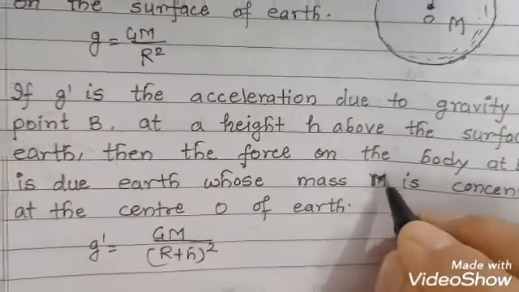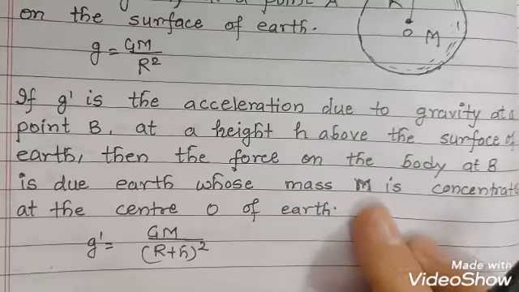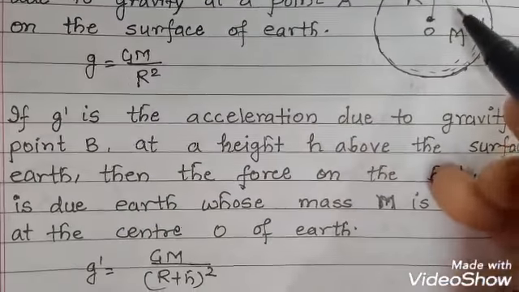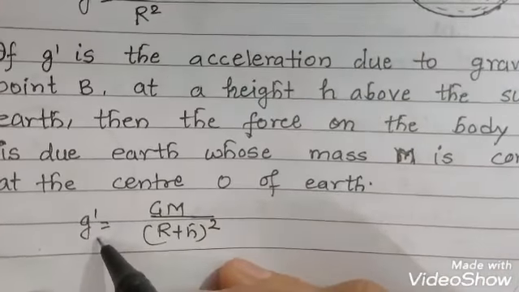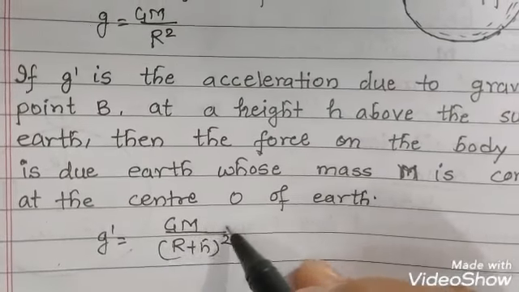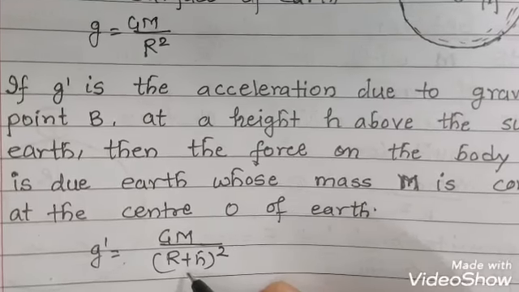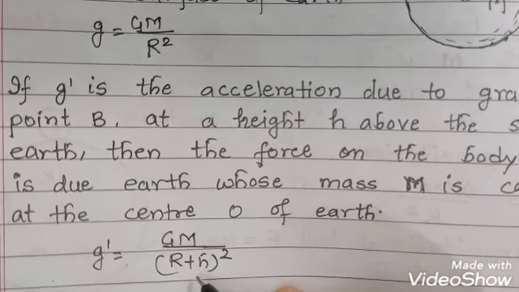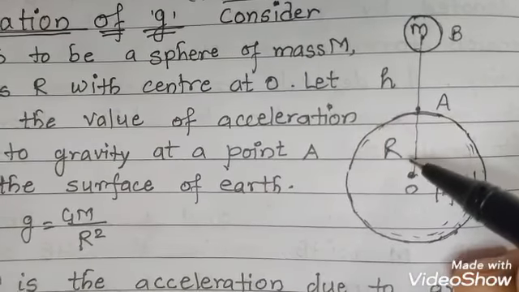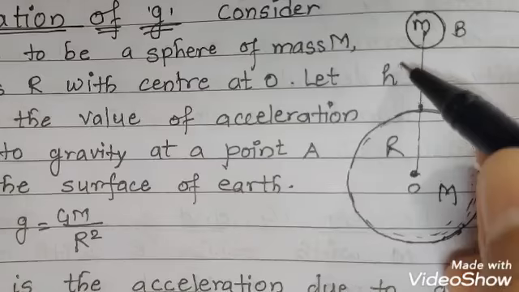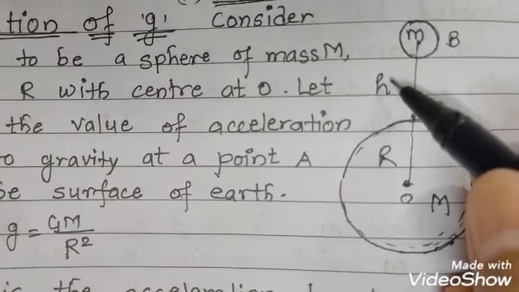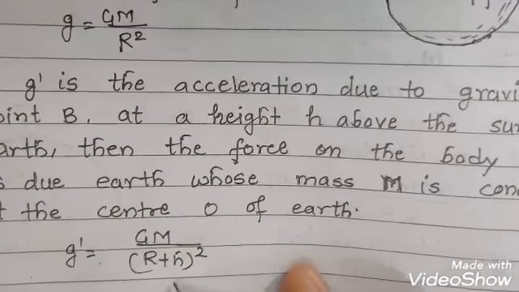Then g dash is given by g dash equal to GM upon the square of the distance. The distance from the center of Earth is r plus h, so we take the square of r plus h.